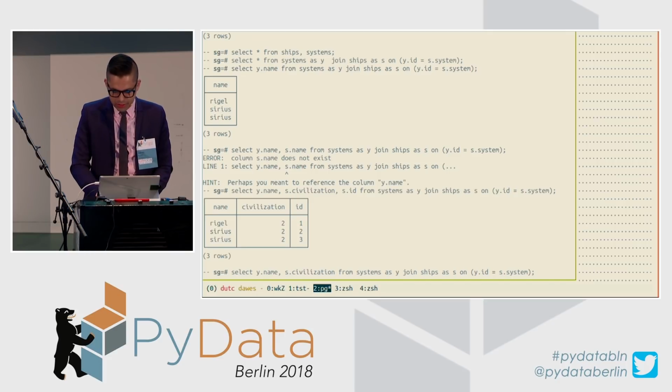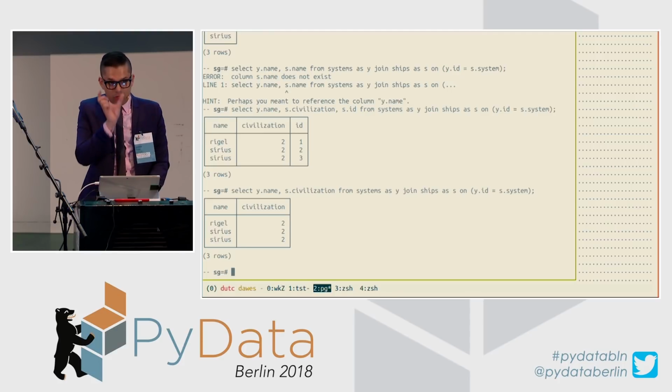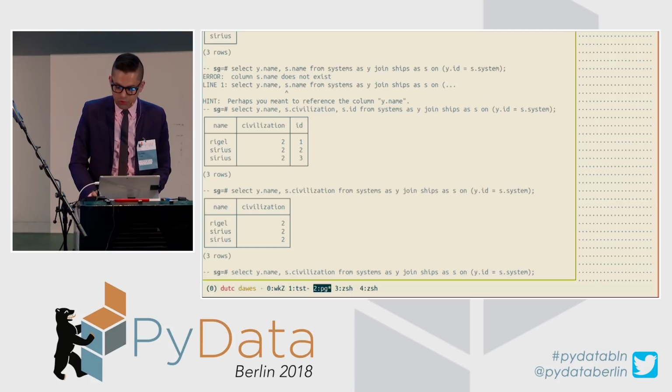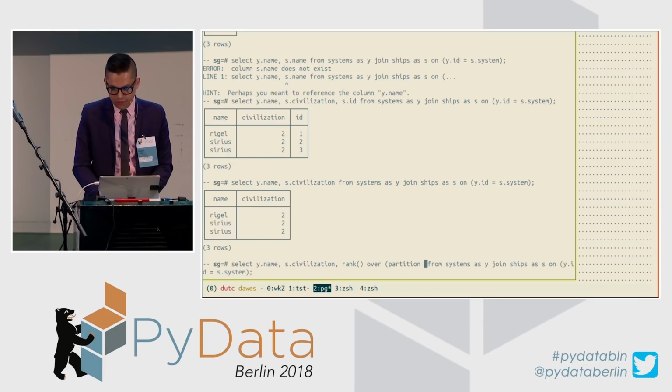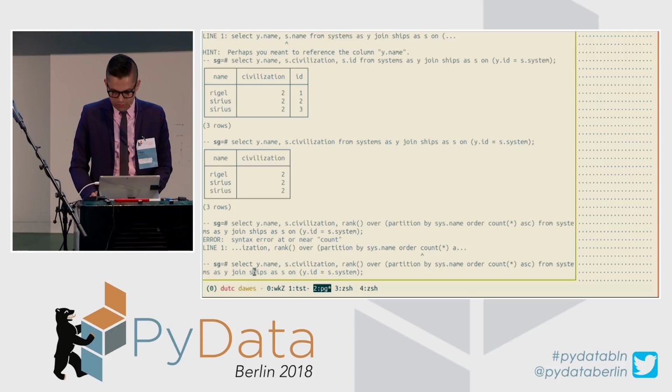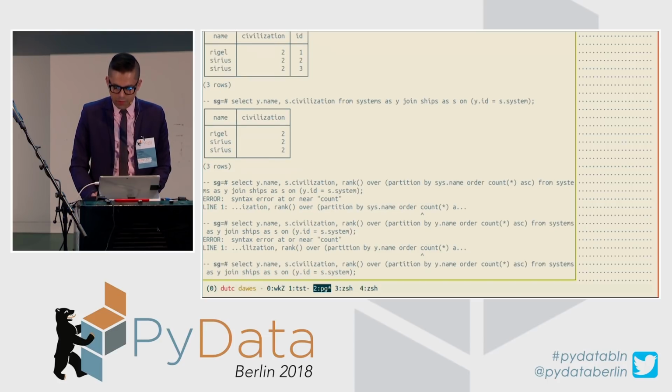So let me show you this. One of the things I want to do is figure out who has the most ships in which area of space. And so what I'm going to do is a window function. I'm going to take this information and compute the rank over a partition of this information partitioned by the system name, and that's ordered by.